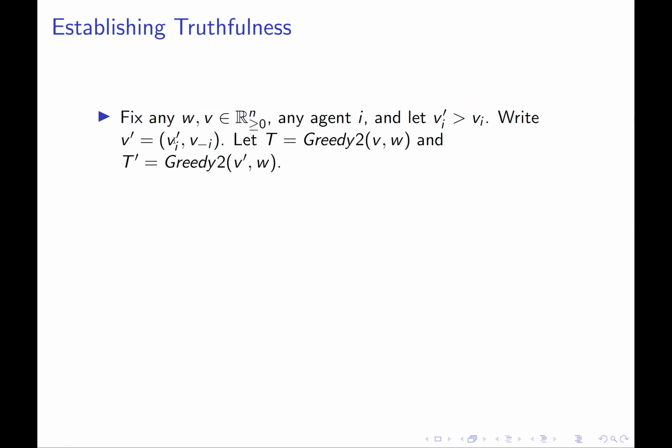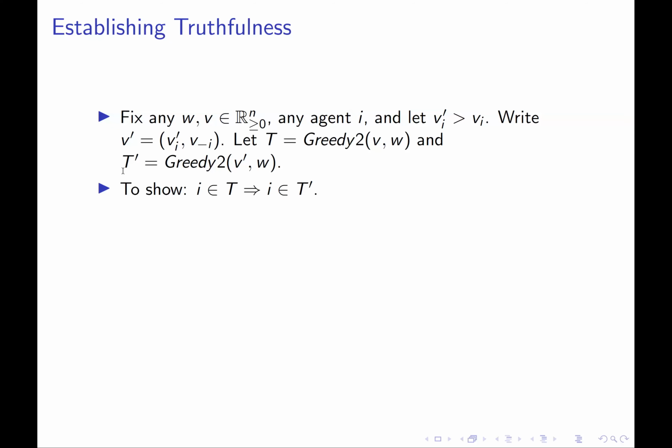And I want to write T for the solution that our greedy algorithm gives when bidder I truthfully reports. And I want to write T prime for the solution that our algorithm gives when bidder I misreports his valuation upwards.